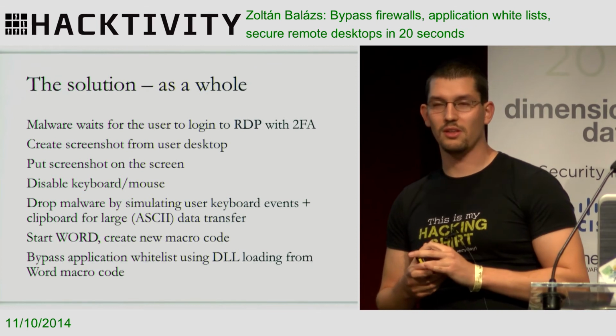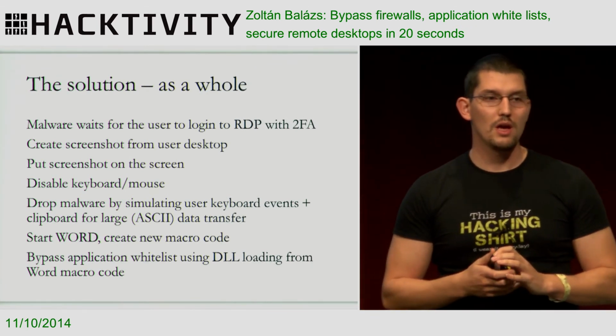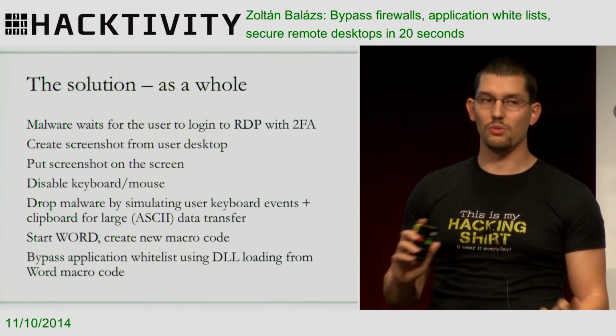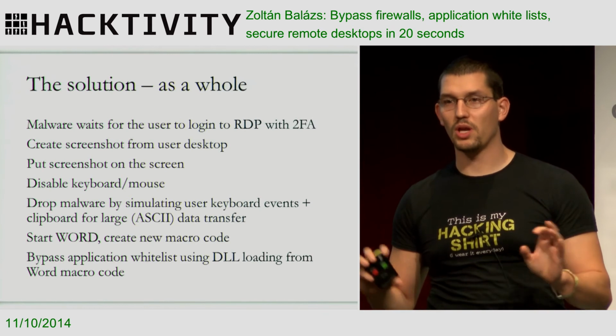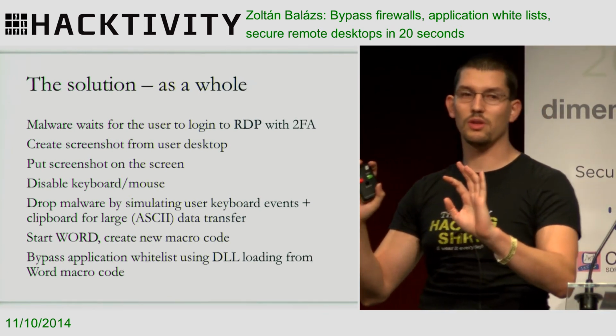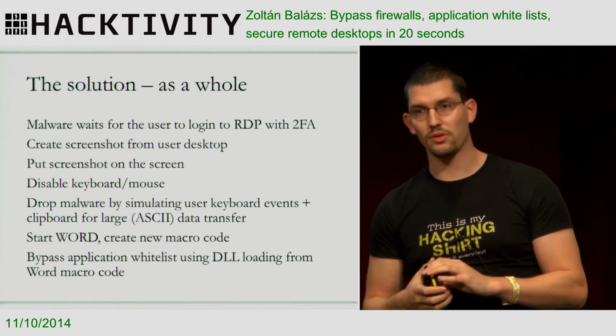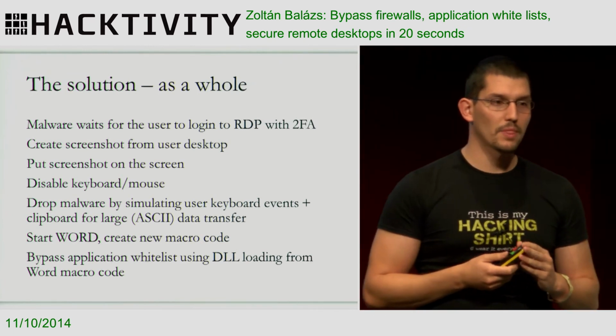Now, let's see the whole solution together, the whole attack. So the malware waits for the user to log into the RDP server with this two-factor authentication. It creates the actual screenshot from the user desktop, puts it in the foreground, and disables the keyboard and the mouse. So the user will see that it froze again.